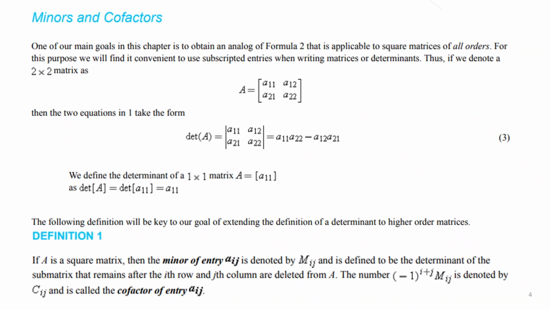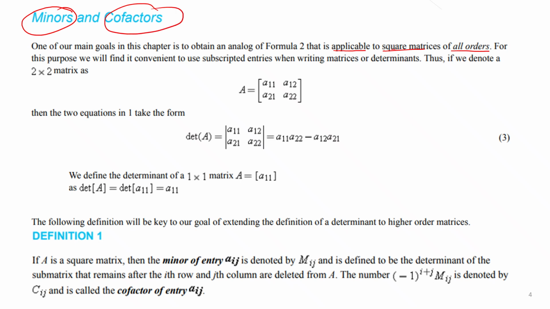Now, instead of using a different formula for each matrix, we will try to find a formula applicable to square matrices of all orders for calculating determinants. To do that, we will introduce the concept of minors as well as cofactors of a matrix.